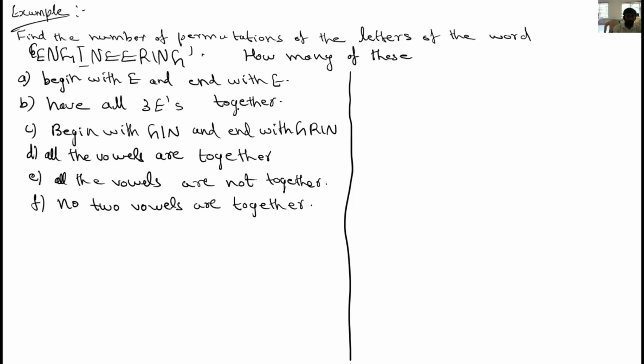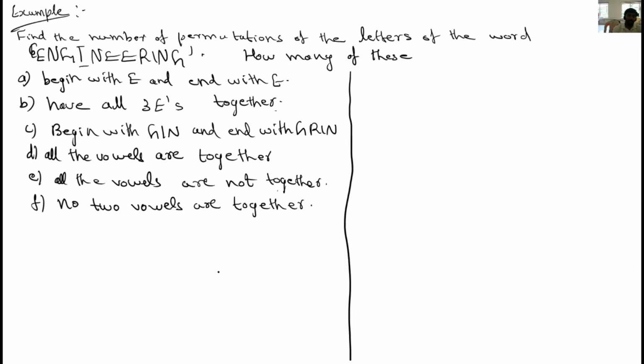Whatever arrangement you are making, all E's are together, the 3 E's are together. Next question is, begin with GEN and end with GRIN. Next see, all the vowels are together. Next, all the vowels are not together. Then no 2 vowels are together.